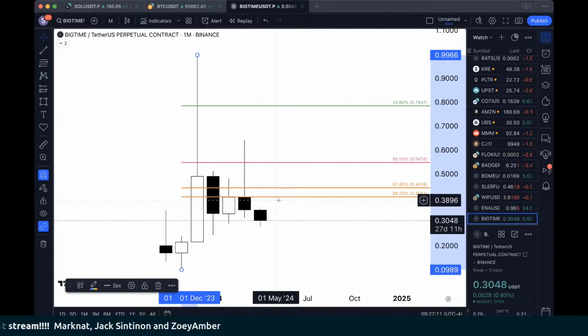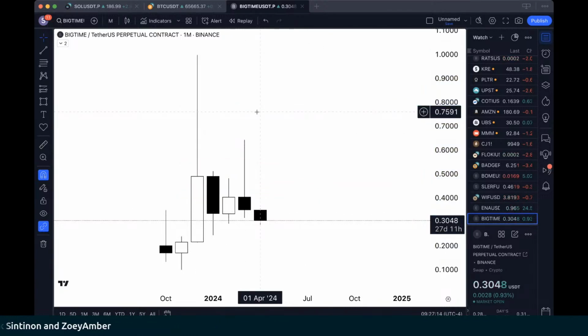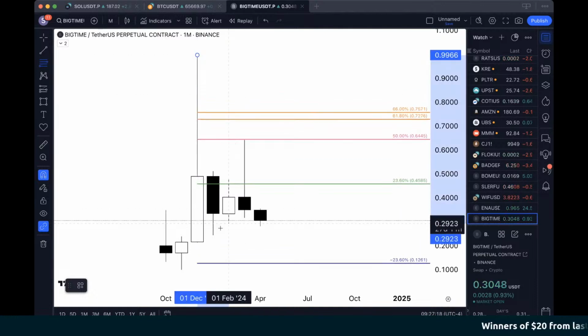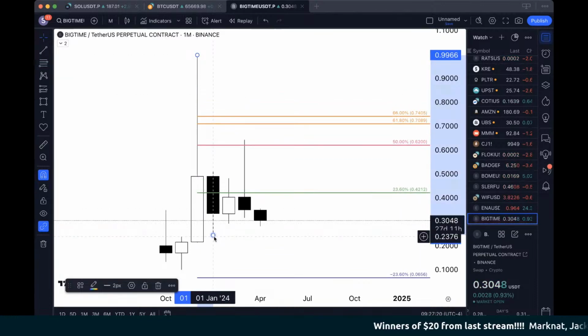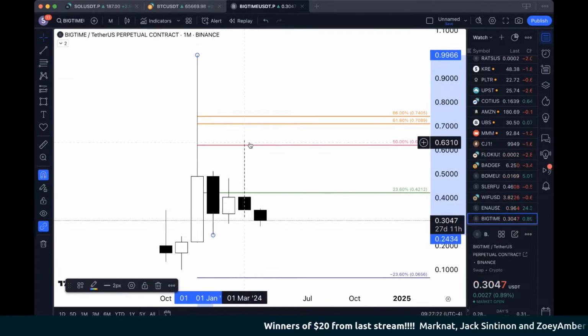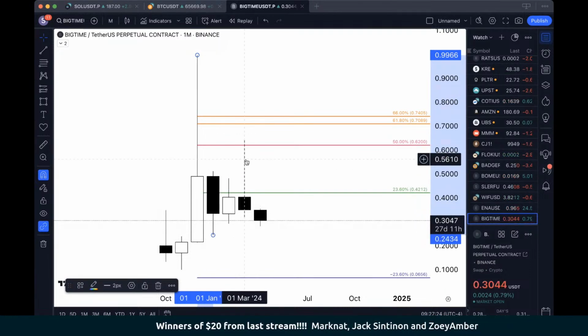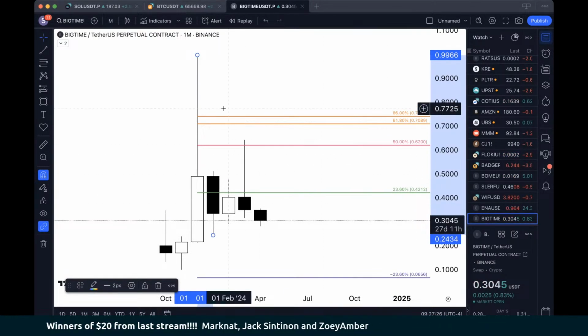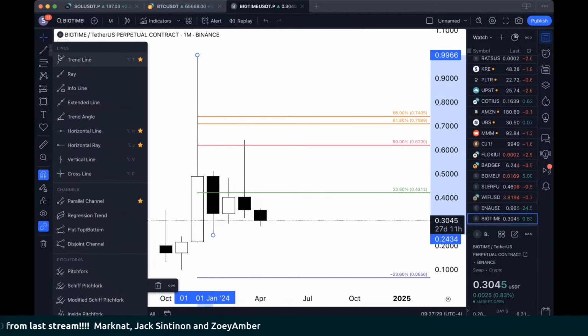And it didn't really work out. So then you go left to right. You can see this already played out. This is a key level on this move up, so I would go ahead and mark that.